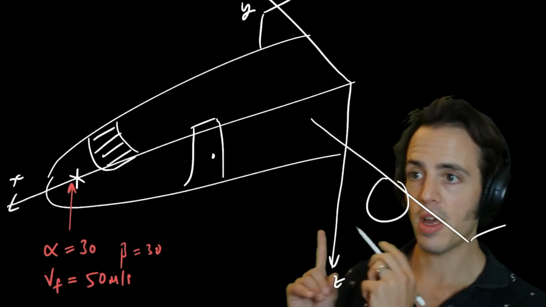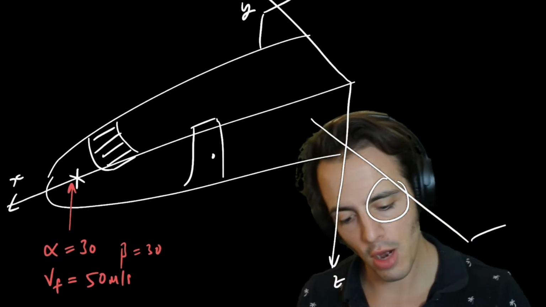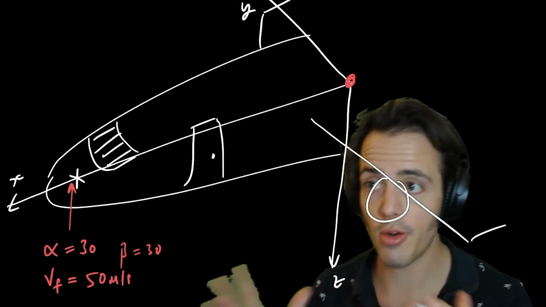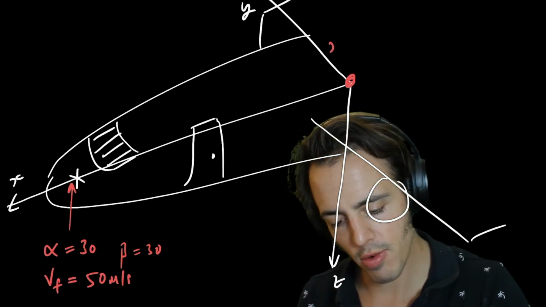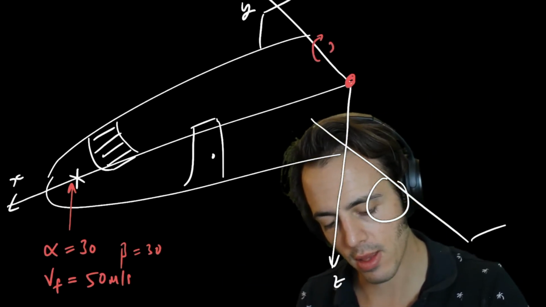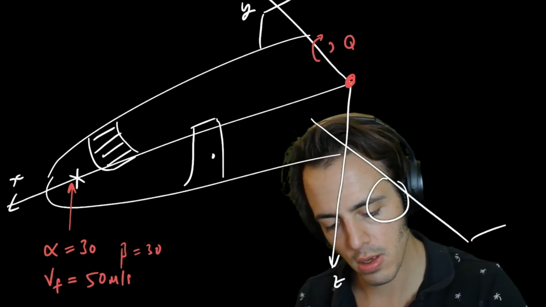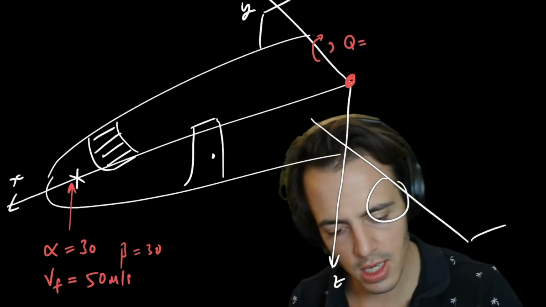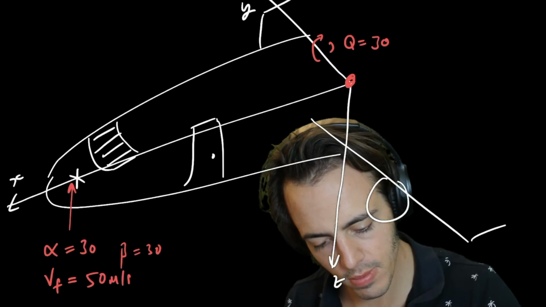So we've got these measurements here, and we're also going to say there's a gyroscope in the aircraft somewhere measuring the aircraft pitch rate. So we'll say we know that Q is equal to 30 degrees per second.